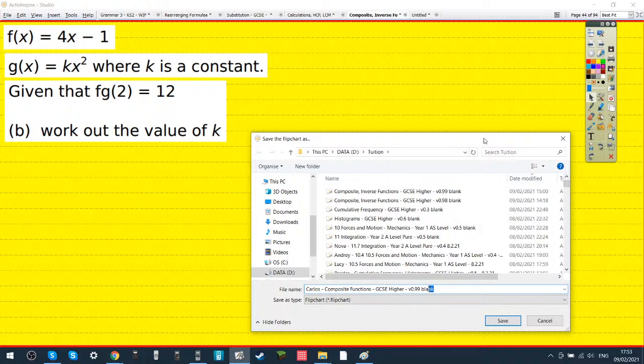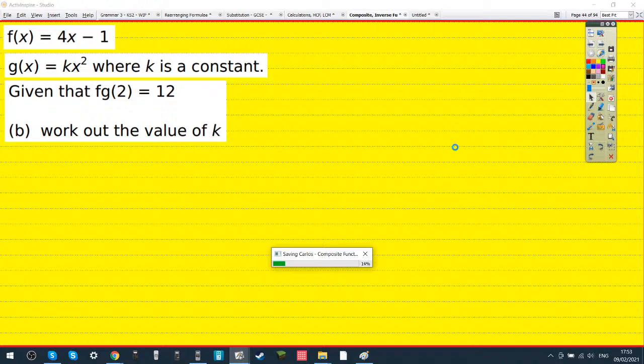So k times 2 squared. What is 2 squared? 2 squared is 4.